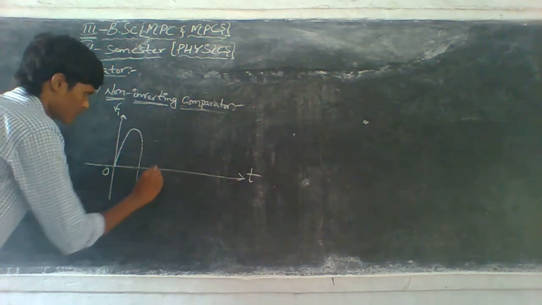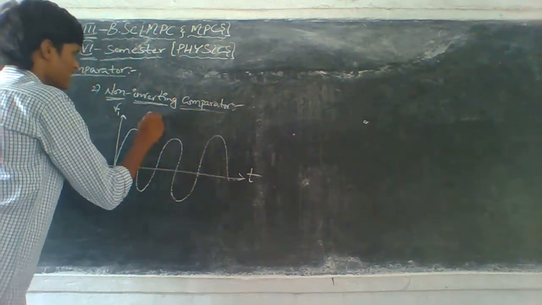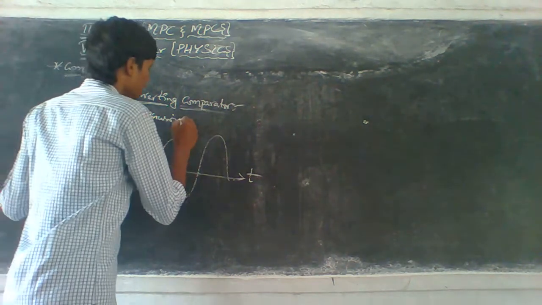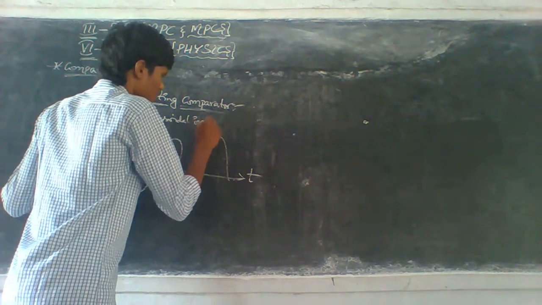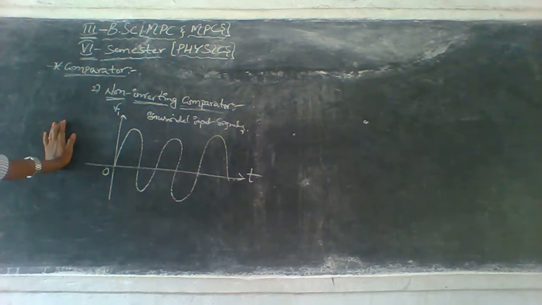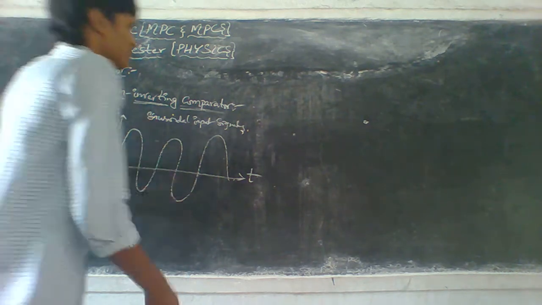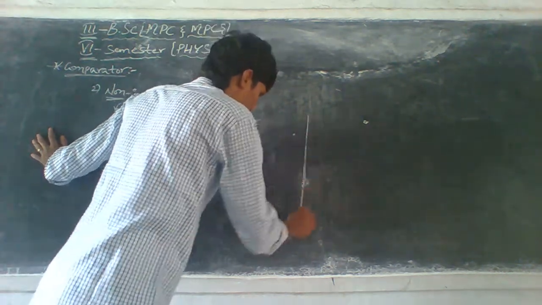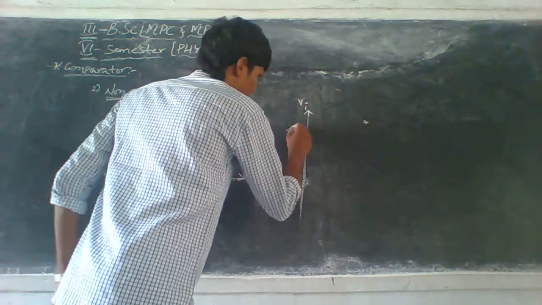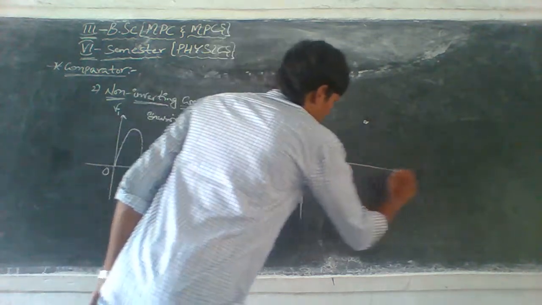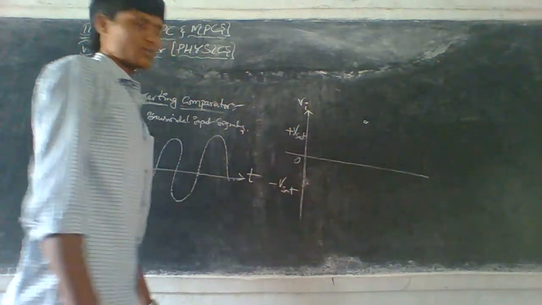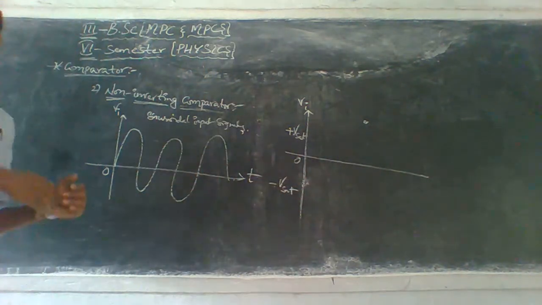This is the sinusoidal input signal, a sine wave. This is V input, and the output has plus V sat and minus V sat levels.